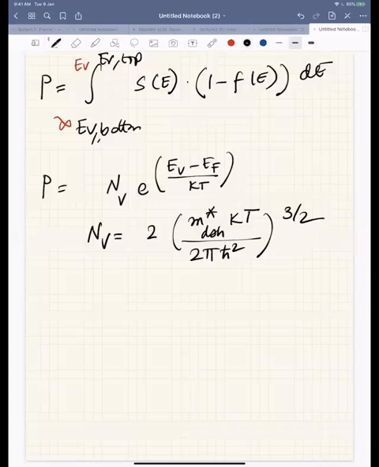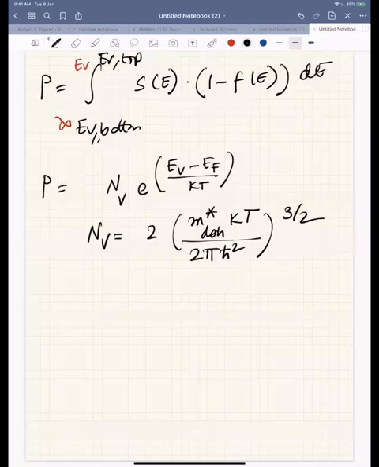If you increase temperature, the electrons gain energy and go from the valence band to the conduction band, and they leave behind holes. One energy state was filled in the valence band; now the electron goes to the conduction band, and that empty state is called a hole. These electrons can come back to that energy state.